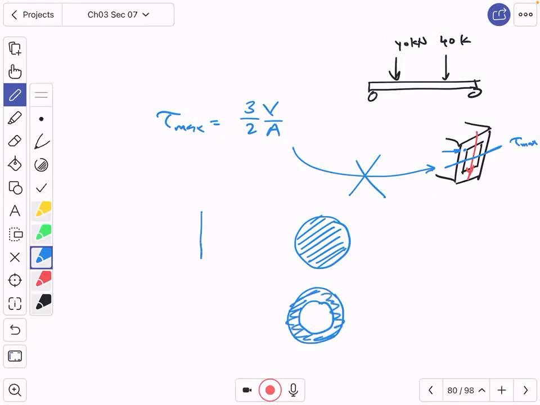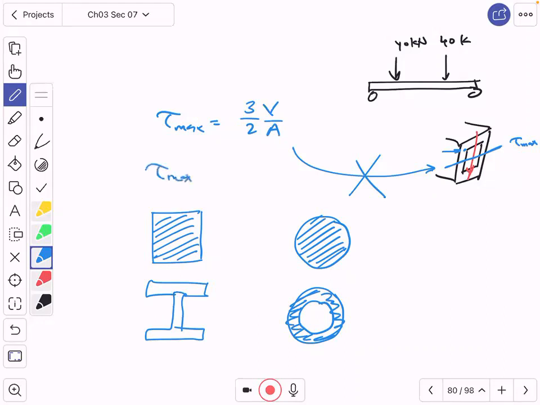One is a rectangle, I don't remember if it was a rectangle or square, but it is solid. And the other one might be an I section.